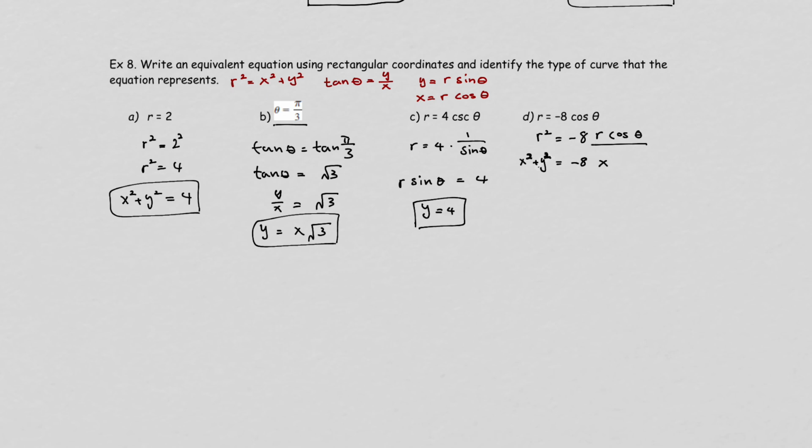So then you're going to make this x squared plus 8x plus y squared equals 0. And in order to make this a standard form of the circle, you're going to add 16 on this side. It means you need to add 16 on the other side to not change the given problem.